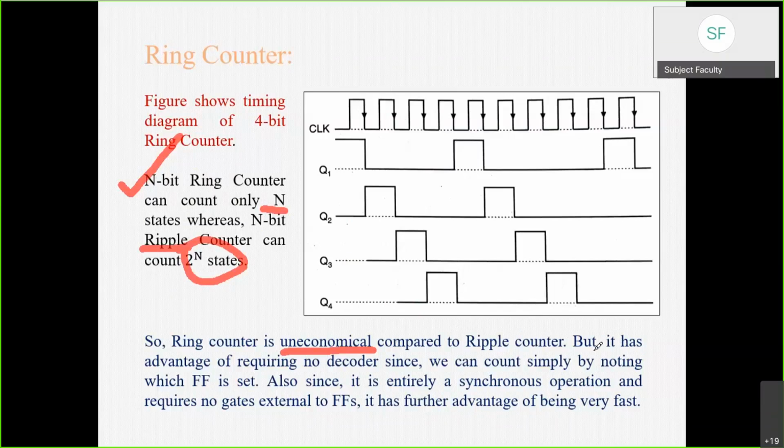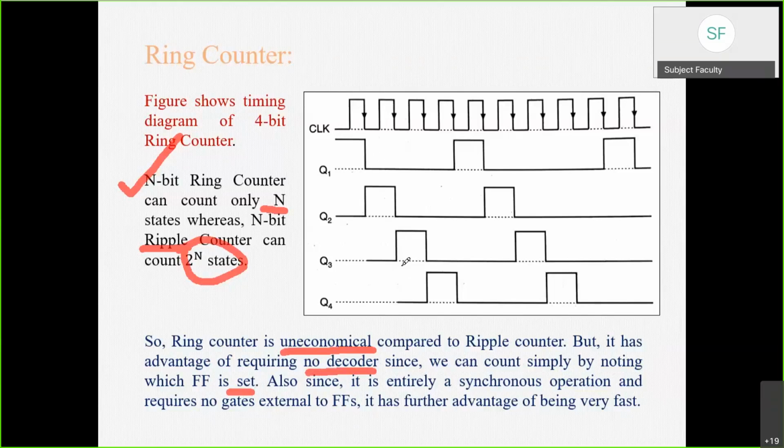So this is basically a disadvantage of ring counter, or synchronous counter, over asynchronous or ripple counter. But it has advantages as well. The first advantage is it requires no decoder. Why? Because you can count by simply noting which flip-flop is set. There is no logic behind these states.